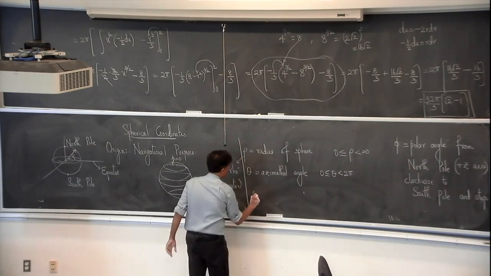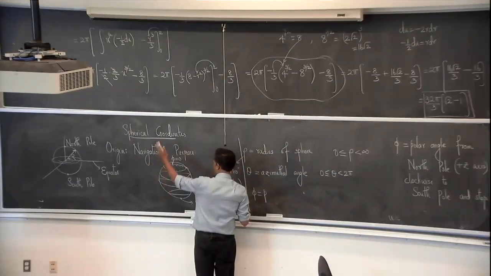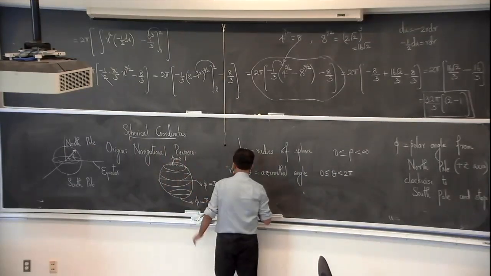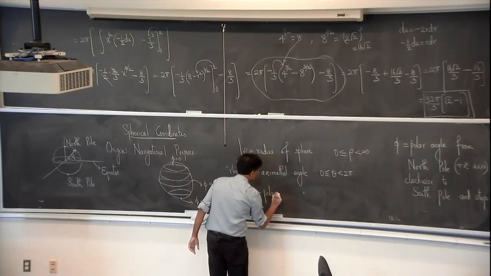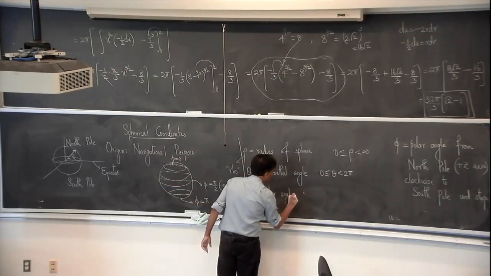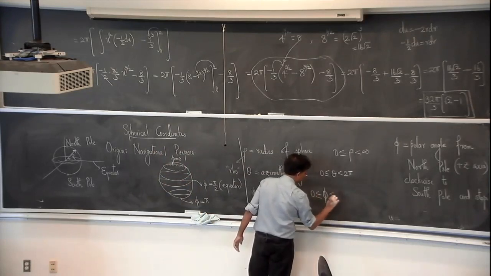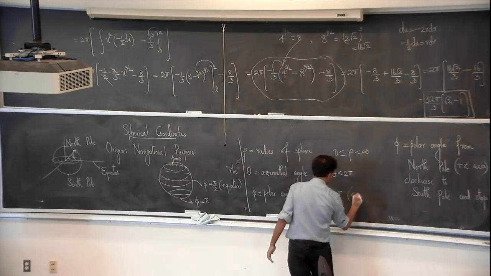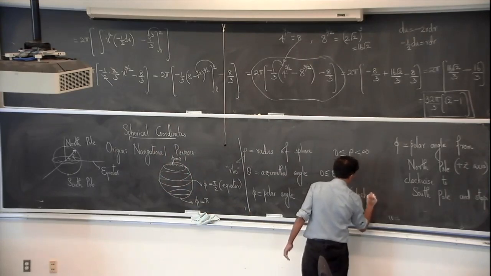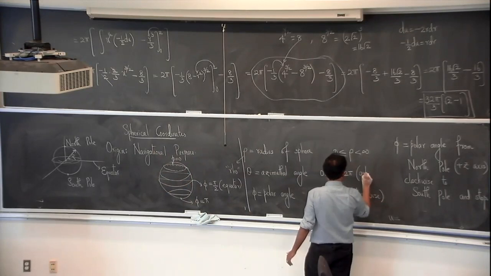So phi is called the polar angle. For obvious reasons, it goes from pole to pole. And the limits are 0 less than or equal to phi less than or equal to pi. This is clockwise. Clockwise is positive, this is anti-clockwise.